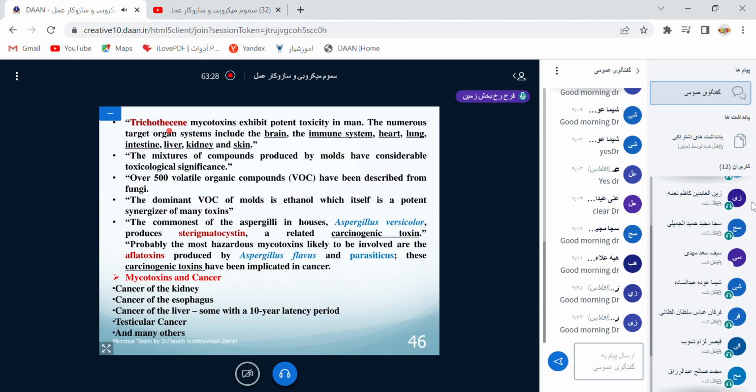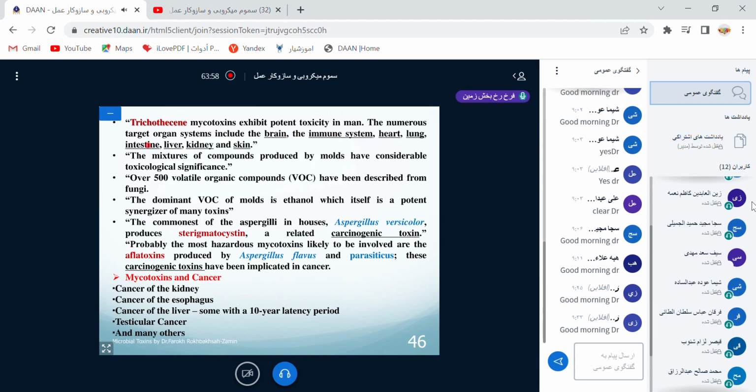As I told you, it is another mycotoxin that exhibits potent toxicity in man. The previous ones mostly affect domestic animals, but this mycotoxin is very effective especially in humans.